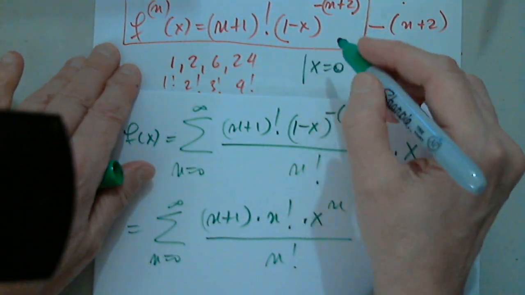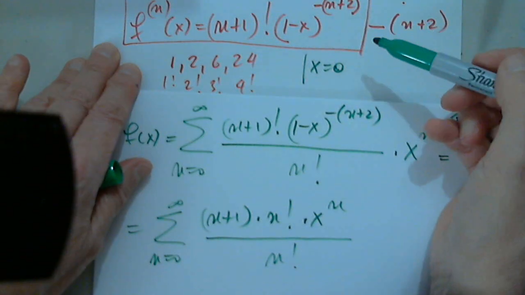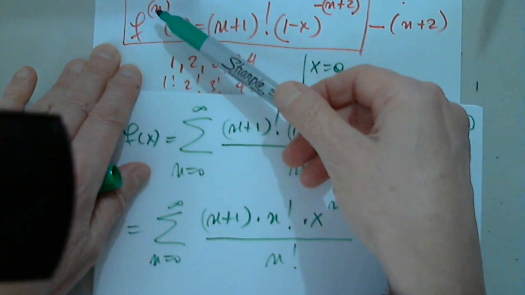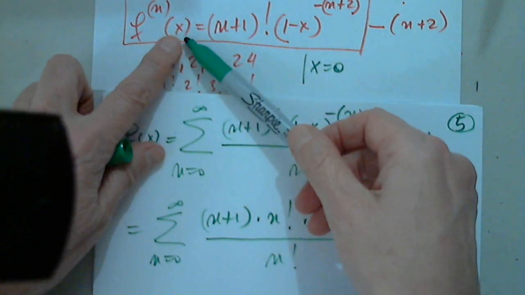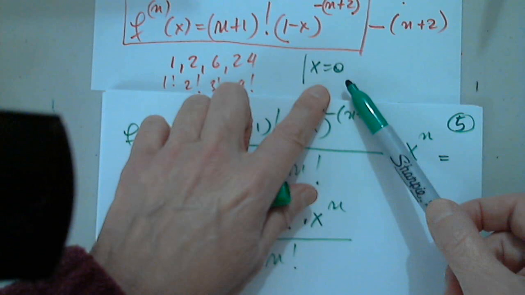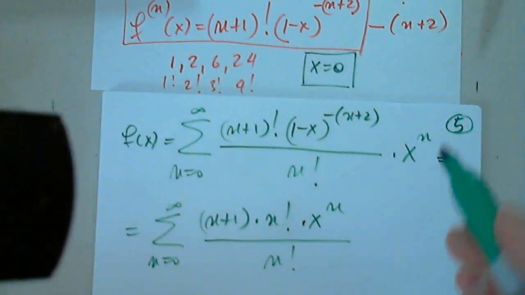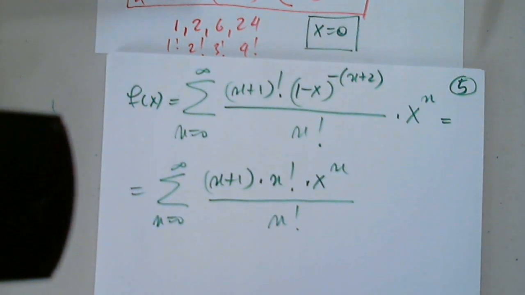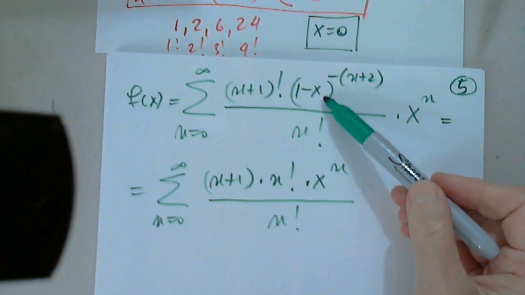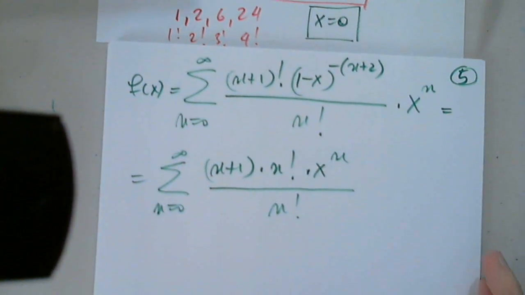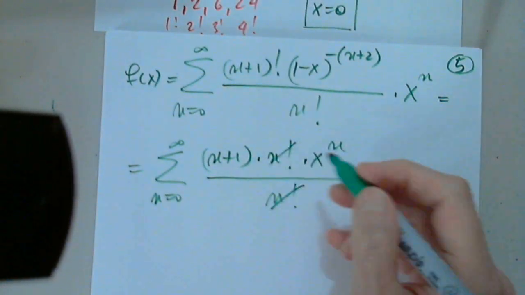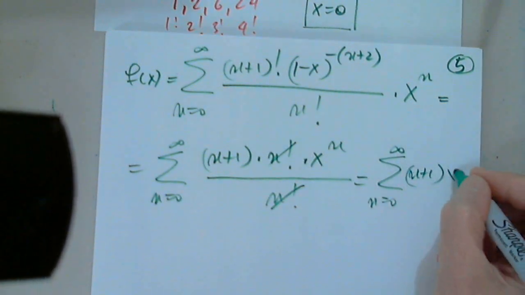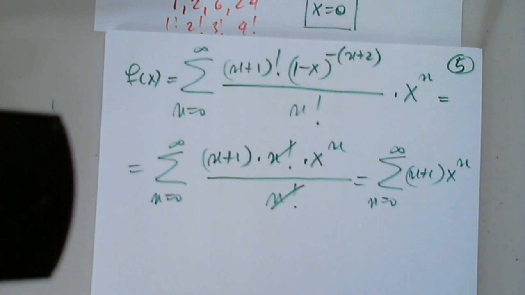For Maclaurin series, we need to determine the nth derivative of f at 0. So I had to replace x by 0. Just here, actually, right? Not here. Good. So we simplify: the sum from n equals 0 to infinity of (n plus 1) x to the nth power.